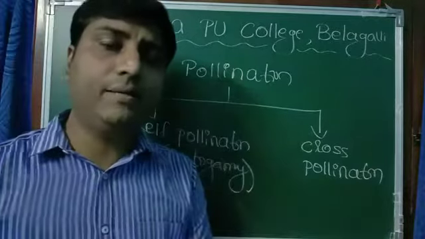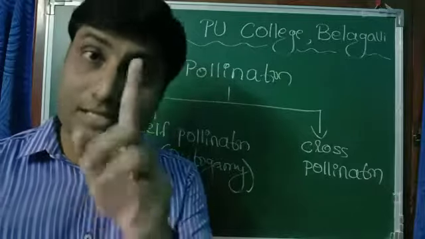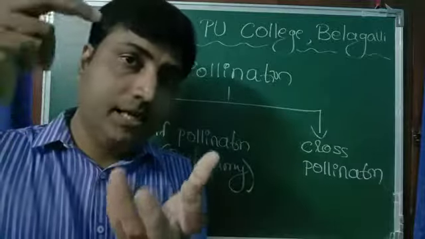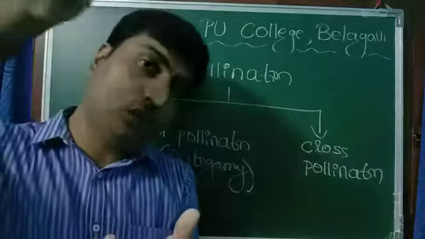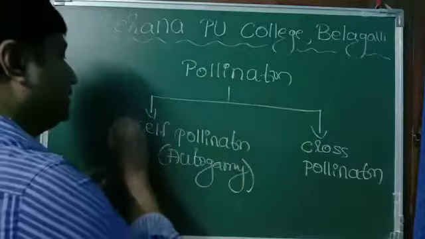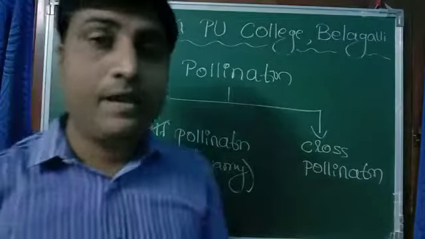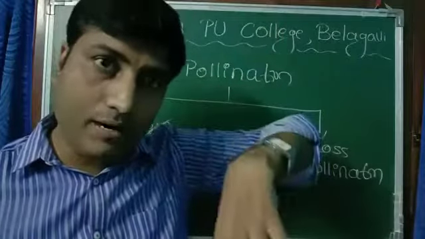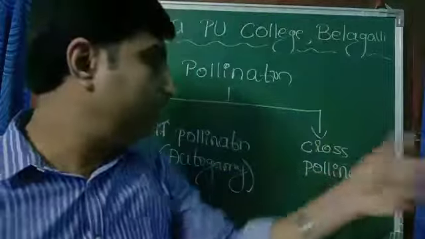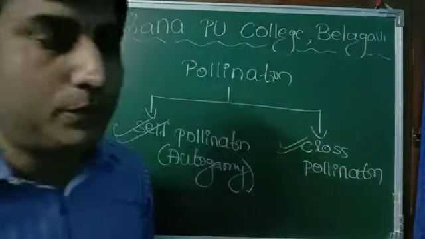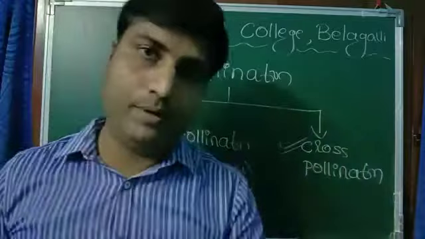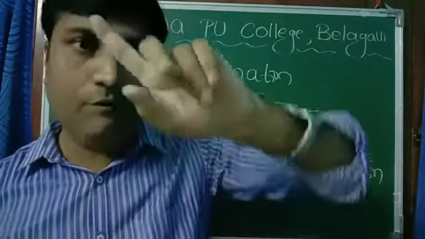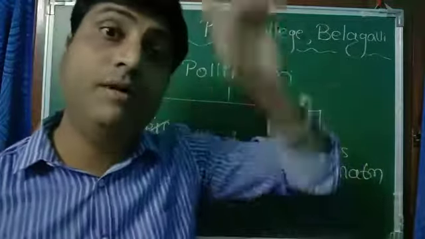If pollination takes place within the flower, it should be a bisexual flower. If the pollen grain of the anther falls on the stigma of the same flower, it is called self-pollination. If the pollen grain of the anther falls on the stigma of another flower, we call it cross-pollination. This is autogamy, and this is allogamy. Cross-pollination is the transfer of pollen grain from anther to stigma of a different flower.